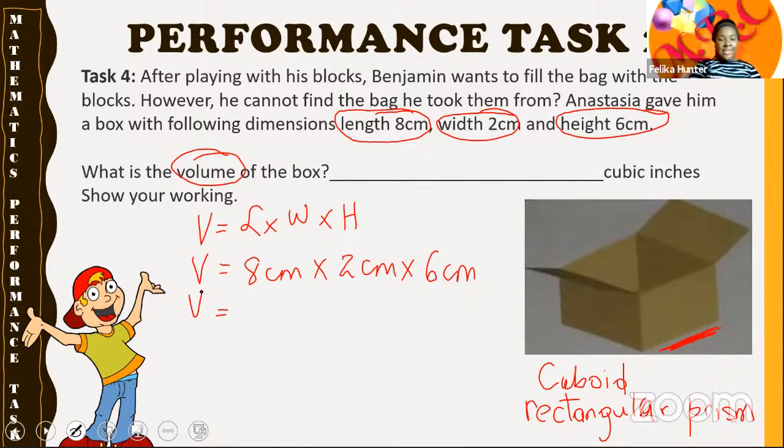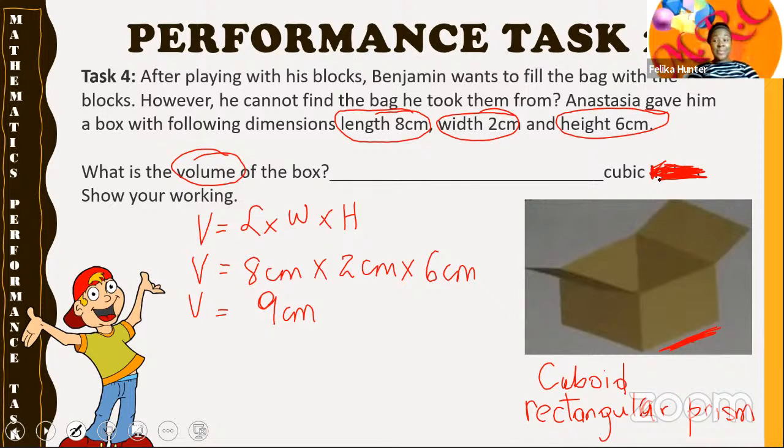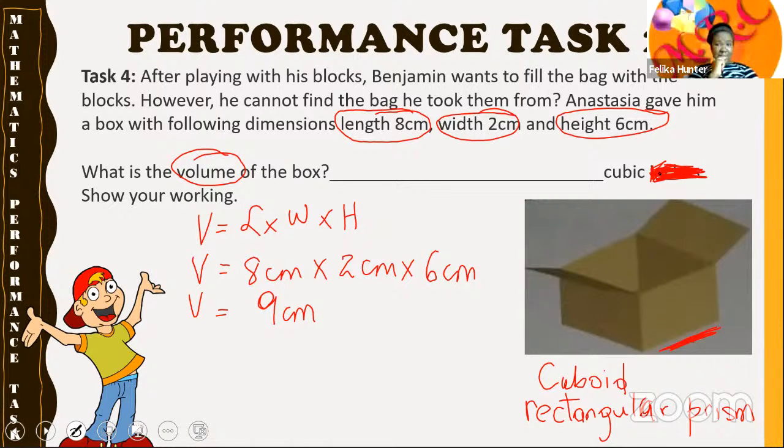So 96 centimeters. Is it just centimeters? No, centimeters squared. Is it centimeters squared? I am doing volume. When I do volume, is it centimeters squared or unit squared? Isn't that for area?